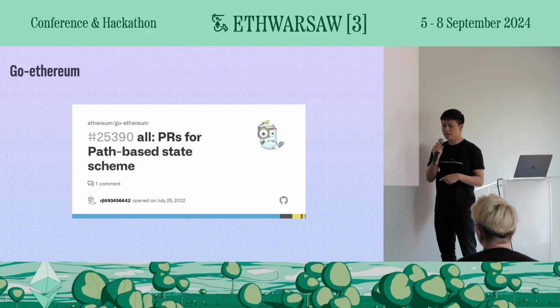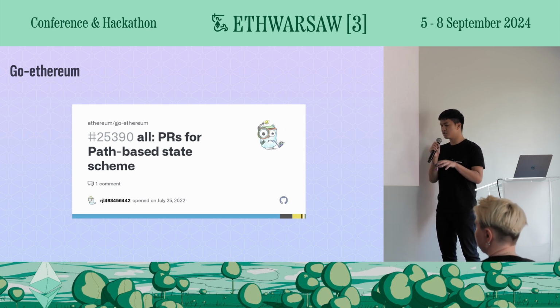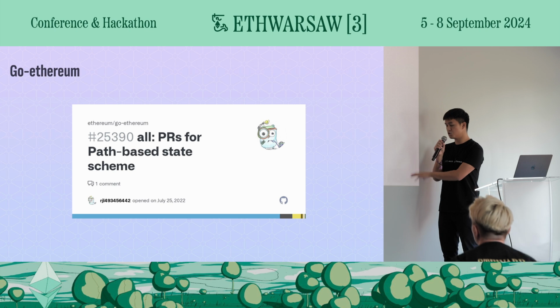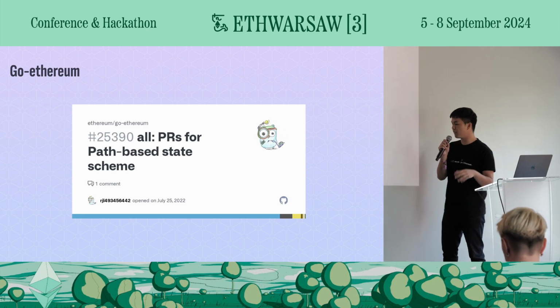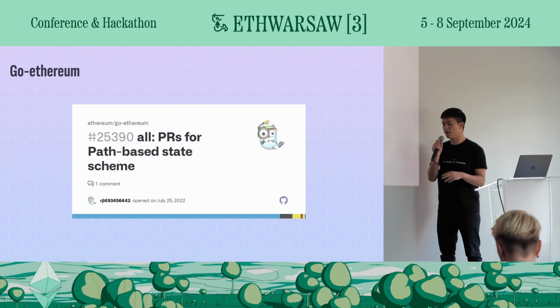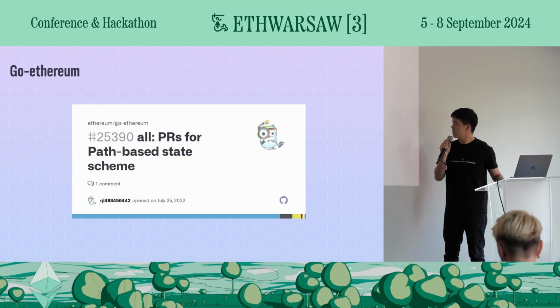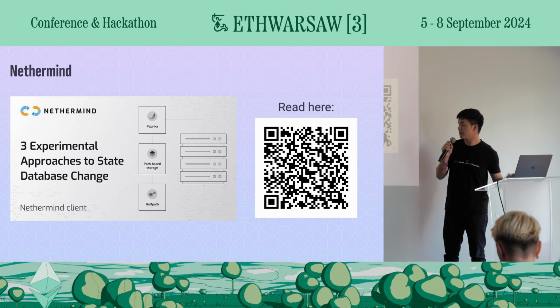But in this case, it's not. So path-based solves this issue of having to restart the node to do offline pruning, and it also improves the performance a little bit. So that's Go Ethereum.